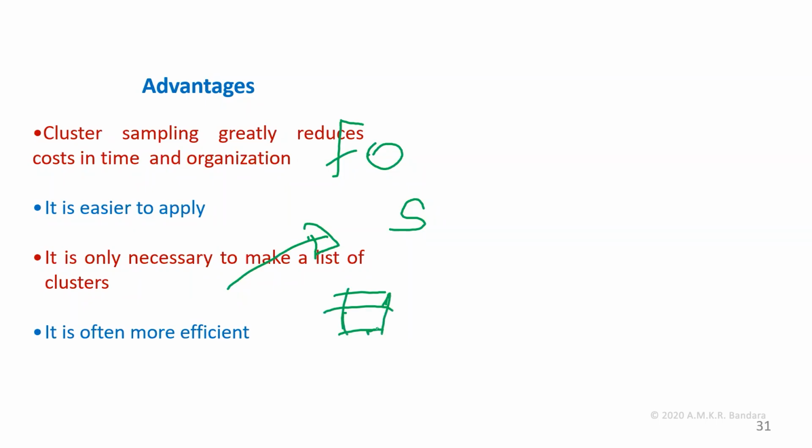If you used simple random sampling, these farmers will not be in one village. They may be all over the Anuradhapura district.